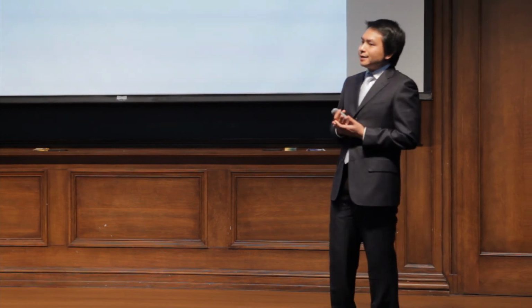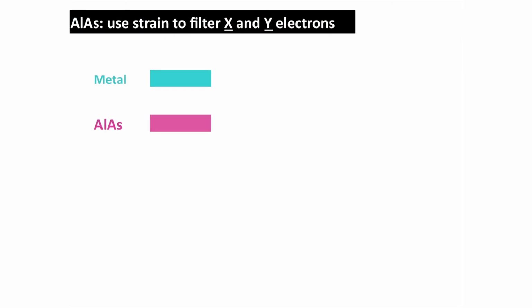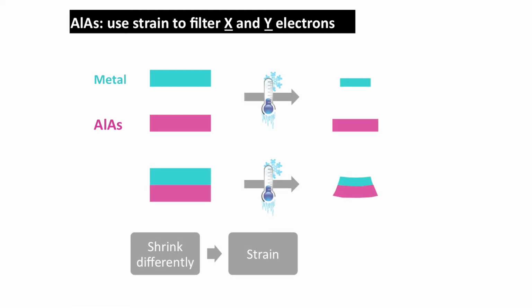You may know that materials expand if it's hot and shrink if it's cold. And different materials expand and shrink differently. If we deposit metal films on top of the aluminum arsenide, there will be strain induced because metal and aluminum arsenide shrink differently.